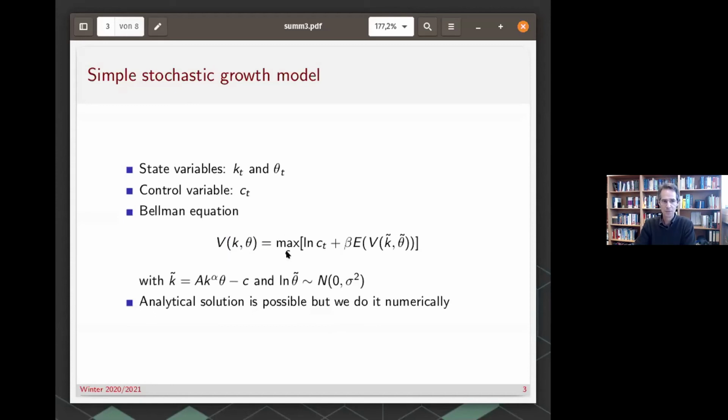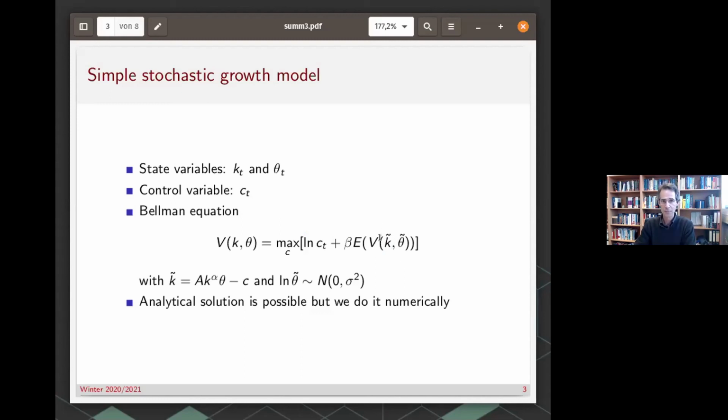And it's the maximum over the control variable C. And the max is taken over the sum of current utility plus discounted expected continuation value. So the discount factor here is just beta. And we have not the value function of tomorrow, but the expected value function of tomorrow's values. So the tilde signifies that these are tomorrow's values.